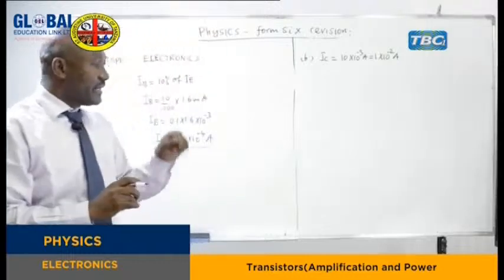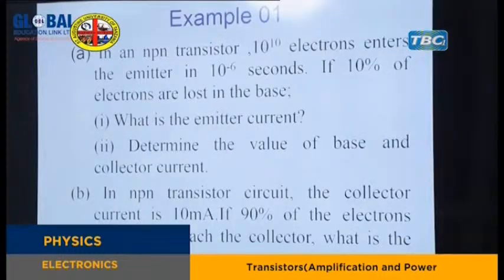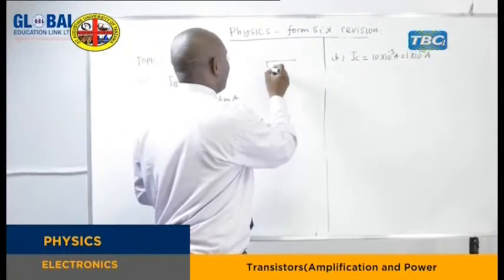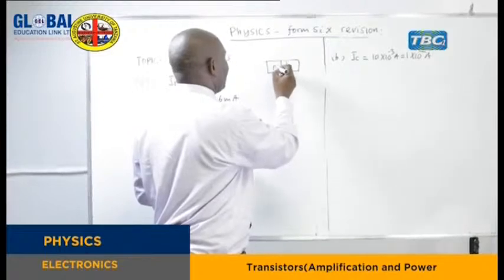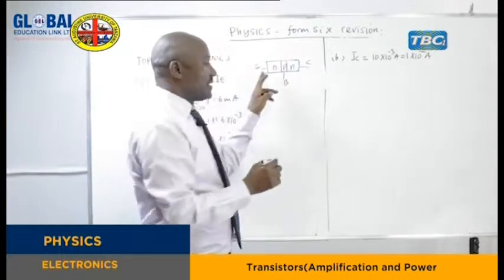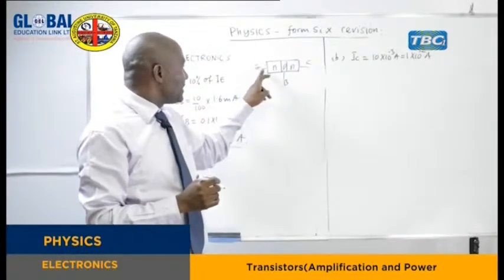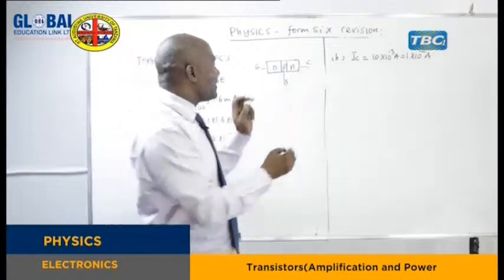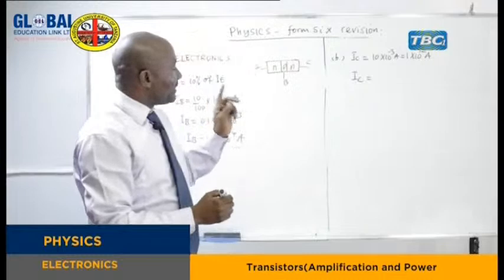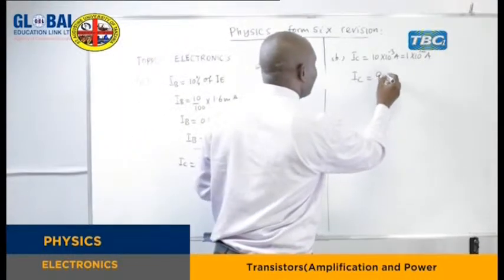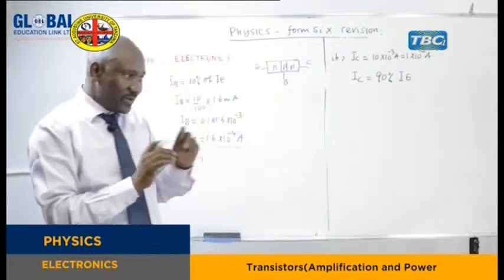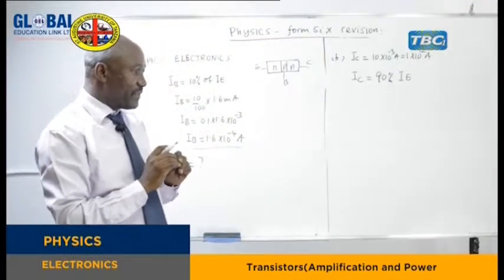That's the collector current. 90% of electrons which are emitted from this emitter are able to reach the collector. So the collector current is contributed by 90% of the electrons emitted from the emitter. That's the information we have, and from there we are looking for the base current.